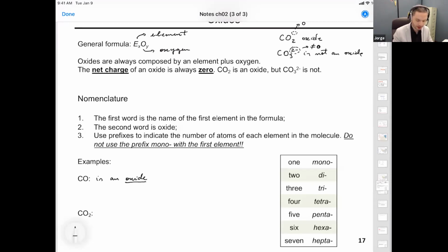First step is to name the first element in the formula. So here the first element is carbon. So that's going to be the first word, carbon. And the second word is going to be oxide.